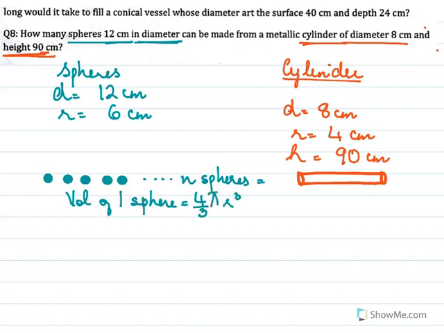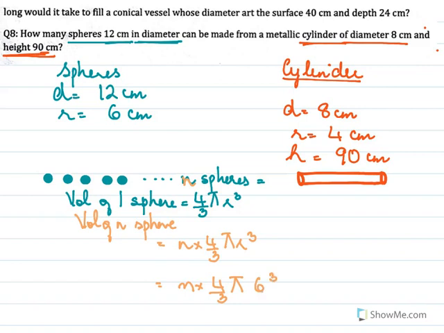But we don't have just one, we have n spheres. So volume of n spheres will be n into 4 by 3 pi r cube. So that is n, 4 by 3 pi, and we saw the r, so it will be 6 cube.